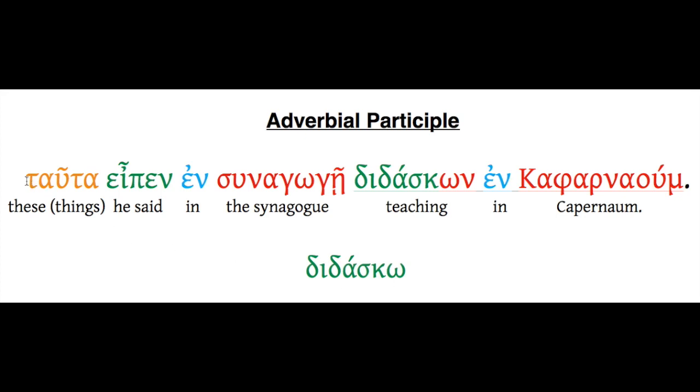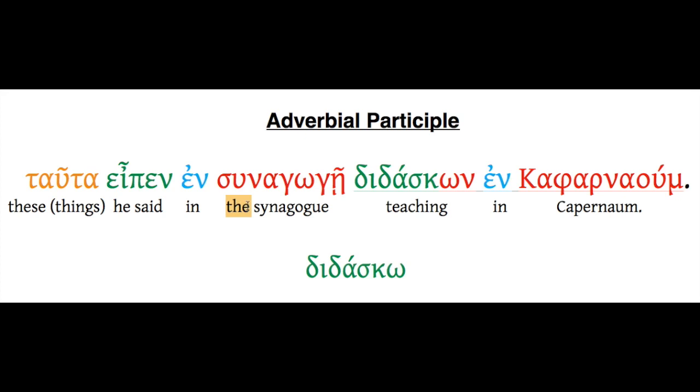Now let's look at this sentence. Tauta, these. Now we see here we have a near demonstrative pronoun being used substantively. So like these things, right? We would have to add a word. These, he said, second aorist from lego, right? These things he said in synagogue, in the synagogue.